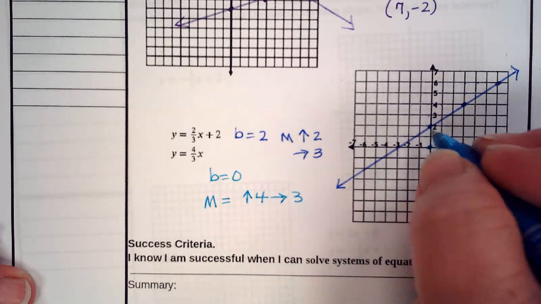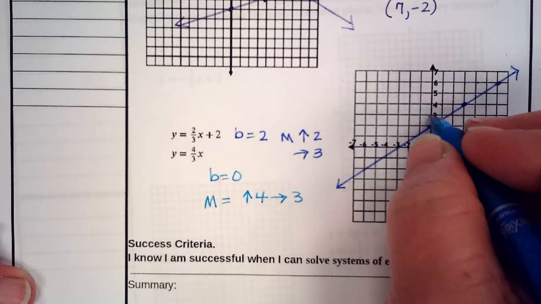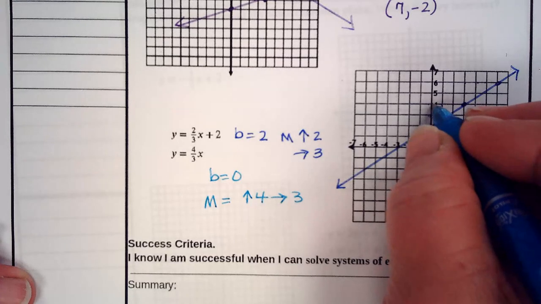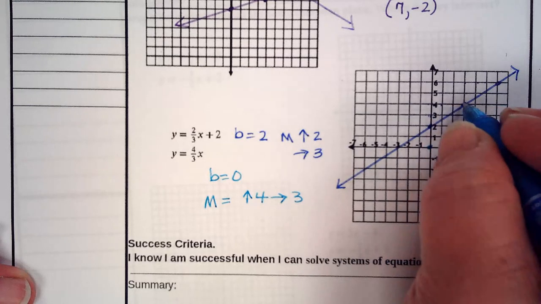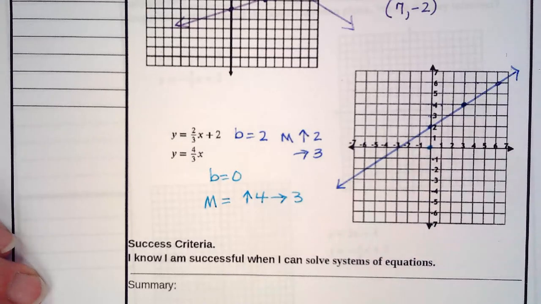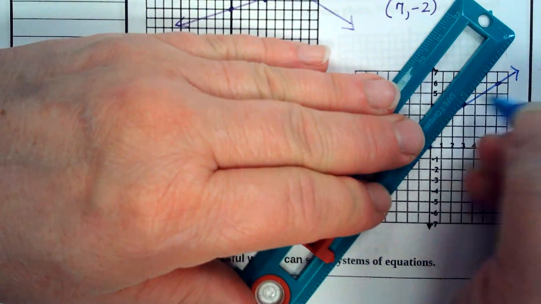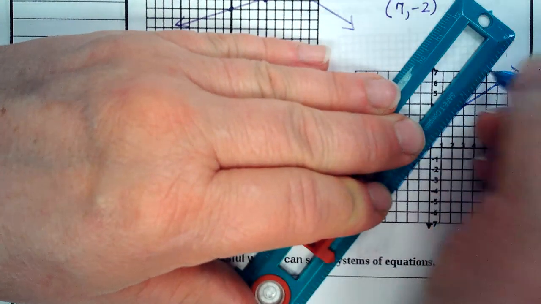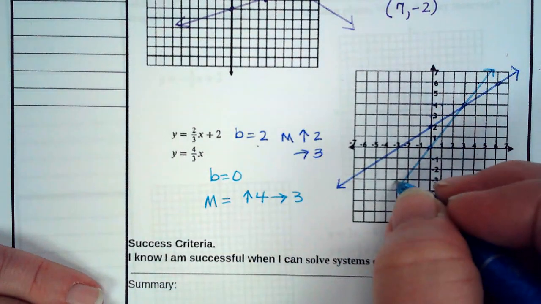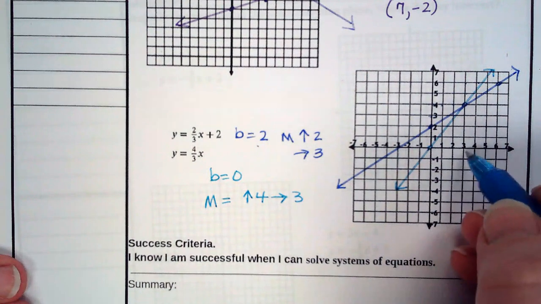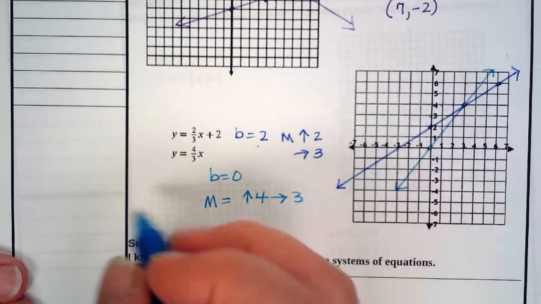Start at 0, 0, go up 1, 2, 3, 4, and right 1, 2, 3. My solution is the point 3, 4.